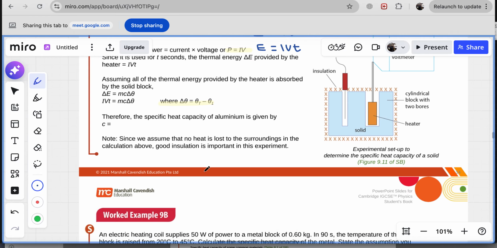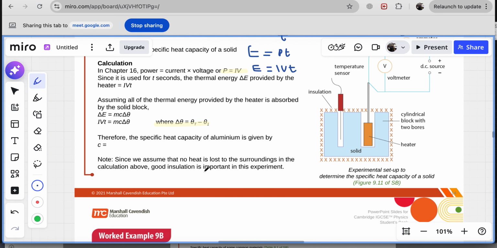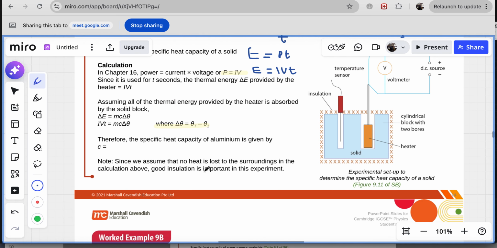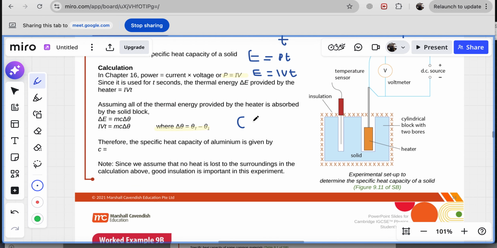After you've done that, the specific heat capacity of the aluminum will be given by C. You label it: the specific heat capacity is given by C. Then you calculate the specific heat capacity based on what we have told you already. It is the energy you measured just now, which is IVT, divided by the mass times the change in temperature.